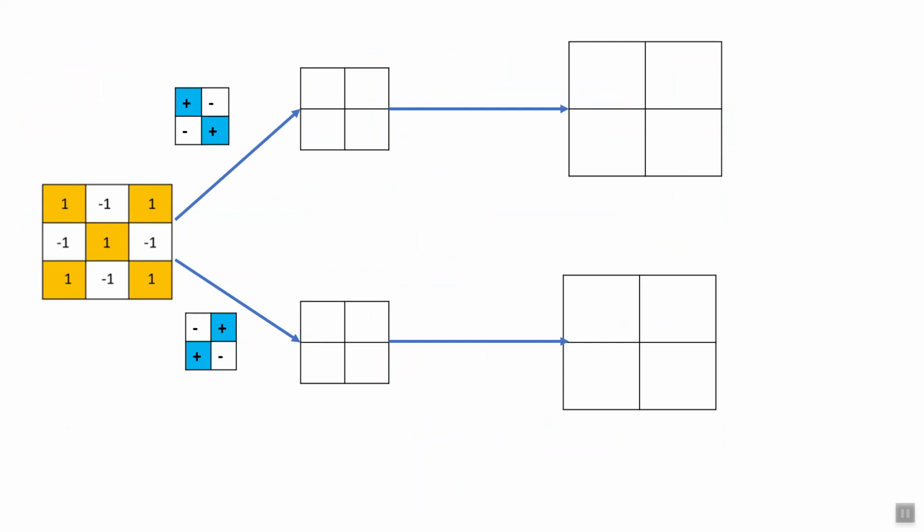We start with the top one, put it here and superimpose it, then multiply the plus and minus numbers.